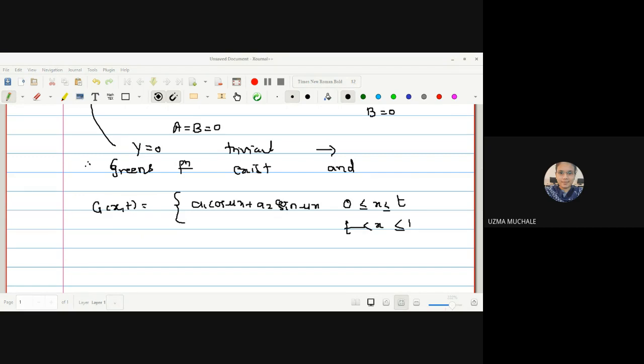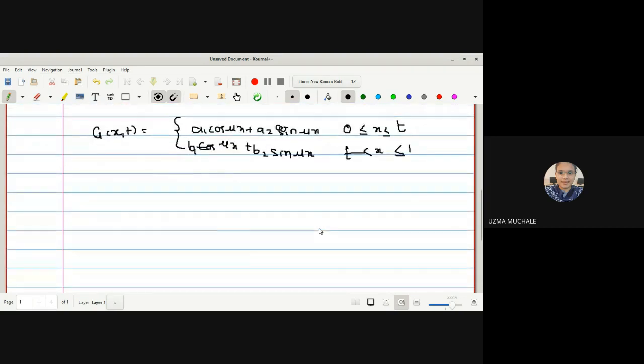Here you can use some other constants, b1 cos mu x and b2 sin mu x. Okay, we have to follow the procedure.